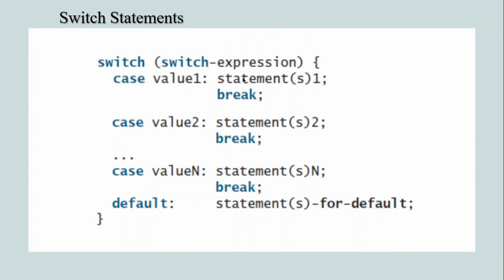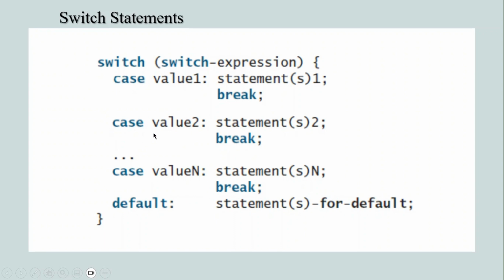So let's say I want to print for the user, depending on the value of the radius they entered, whether this circle is small, or large, or whatever. Then I will say the switch expression is the radius, and then I will test it by the cases.